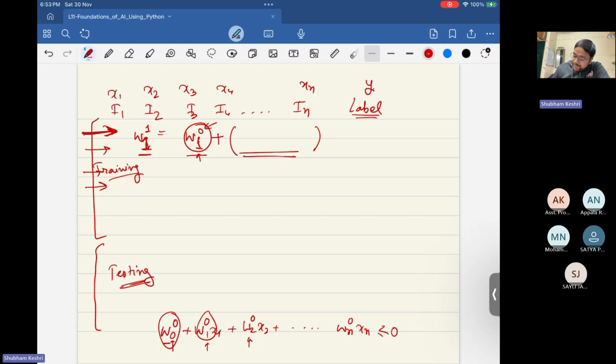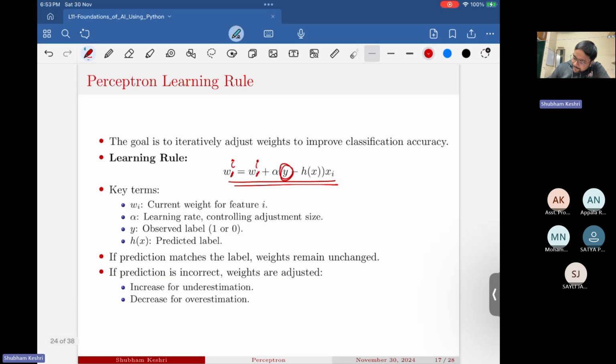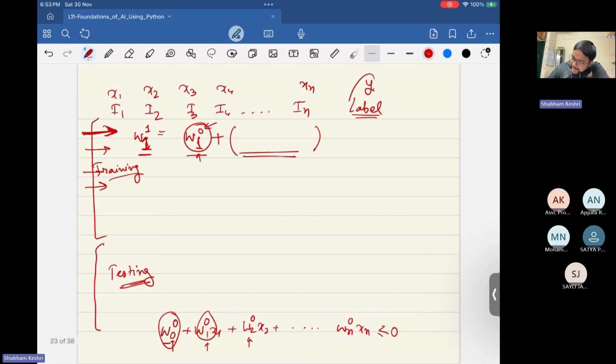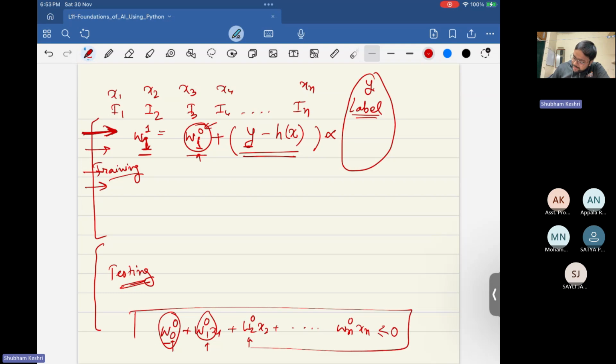What change? You see, we have the original label in the testing data. So we will say y minus what we have predicted, h of x. The difference between what we predicted and what was actually there, multiplied by some factor alpha. I'll tell you what that is. Suppose this was the initial equation and I had predicted 1, but the label was 0.